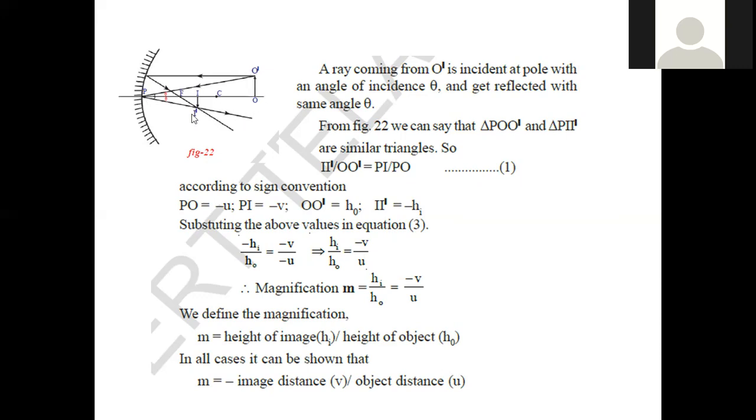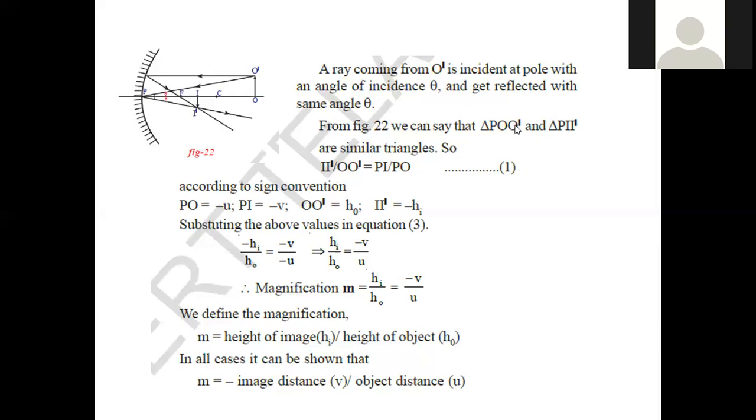This is one triangle. Triangle POO' and triangle PII' are similar triangles, because one is the system where we start with the object, and the other is where we end with the image. That is why triangle POO' is similar to triangle PII'.